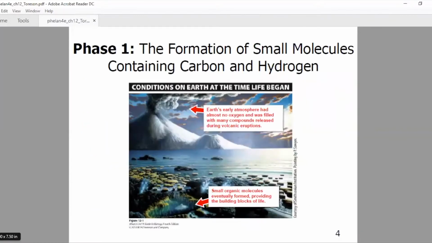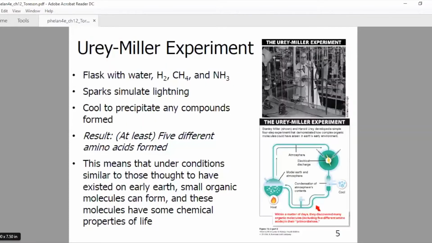So let's take a closer look at these phases, beginning with phase 1. Again, phase 1 is the formation of small molecules that contain carbon and hydrogen. Again, essentially molecules that are organic. The Urey-Miller experiment demonstrates the occurrences in phase 1.